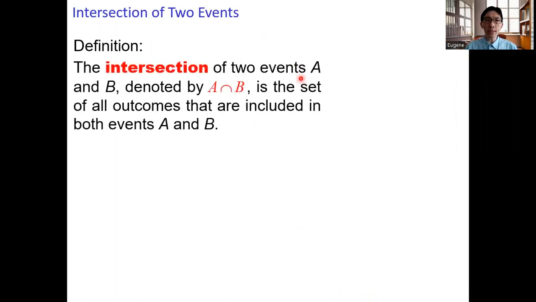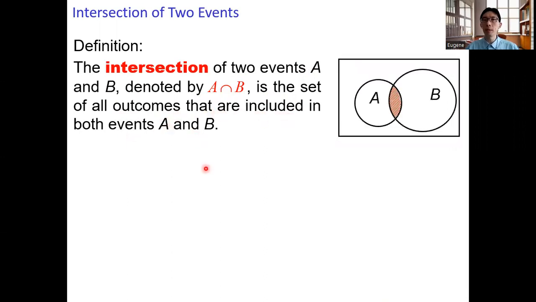The intersection of two events A and B, denoted by this notation, read as A intersect B, is the set of all outcomes that are included in both events A and B. So in the diagram on the right-hand side, the colored region corresponds to the intersection of event A and event B. Recall that the intersection of two events is the set of all outcomes that are included in both events A and B. So only the overlapping region corresponds to the intersection of two events in this example.